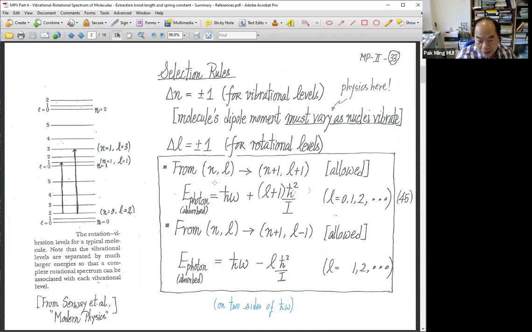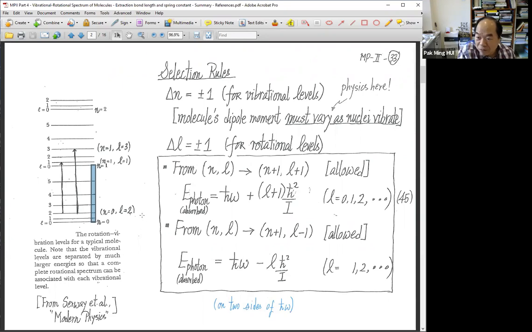You can easily find that it is h bar omega plus something and h bar omega minus something. Now, that is one punchline. There is nothing that will happen at h bar omega. That is to say, nothing happens here.